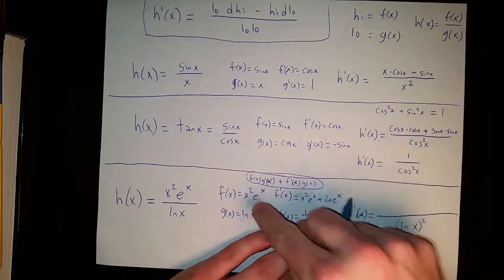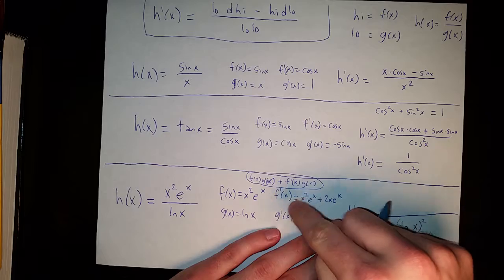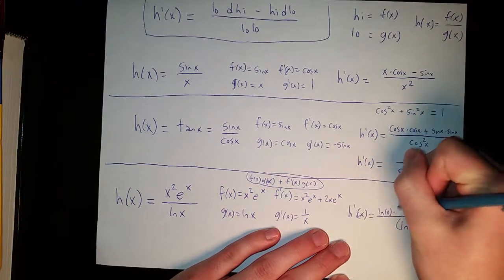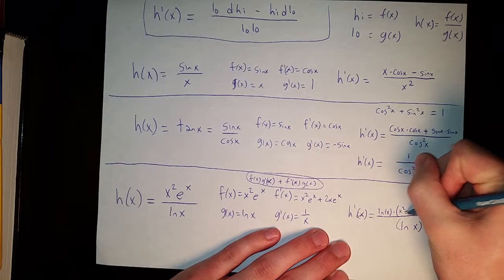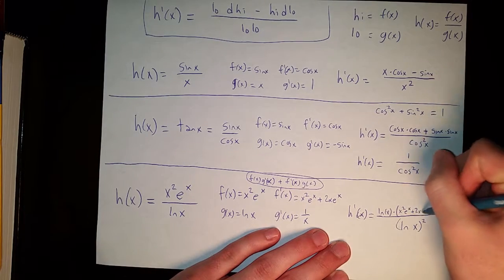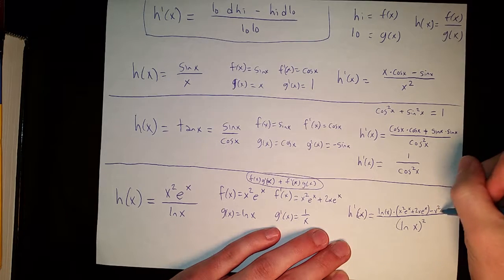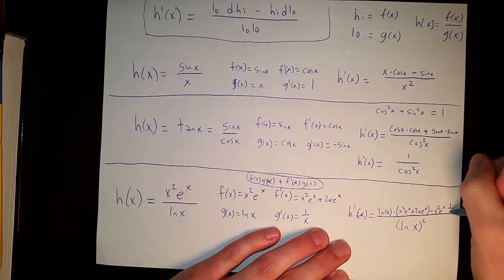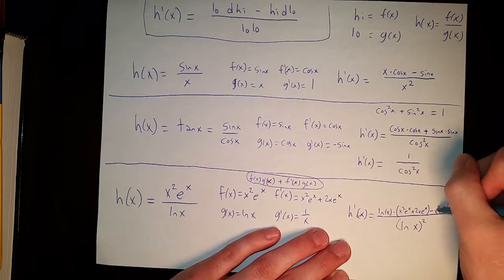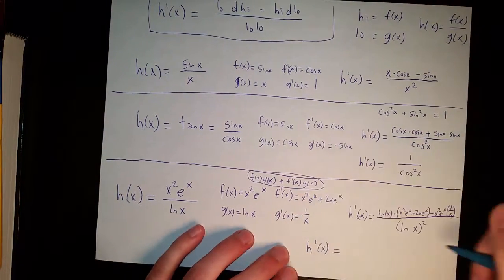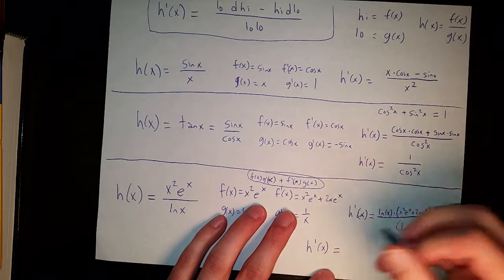Alright, so we got low d high minus high d low over low squared. Alright, perfect. Let's gather some terms here, and then that'll be it.